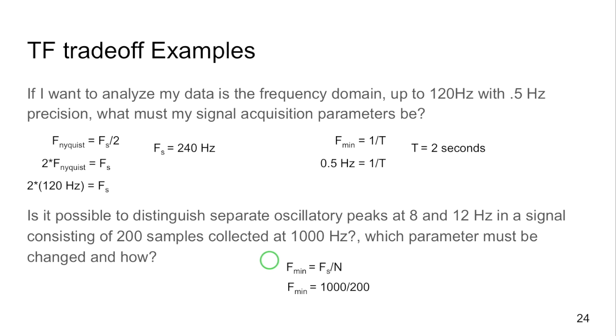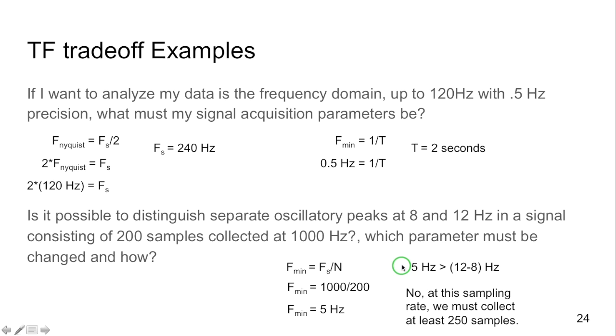I collected my data at 1,000 hertz and I have 200 samples. So my fmin is 5 hertz, which is greater than the difference between 8 and 12 hertz, and so I cannot distinguish those signals with these data. I need to collect data for a longer amount of time.